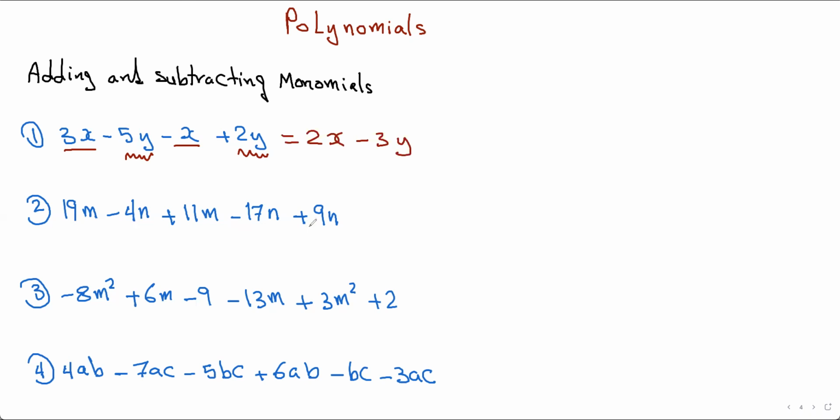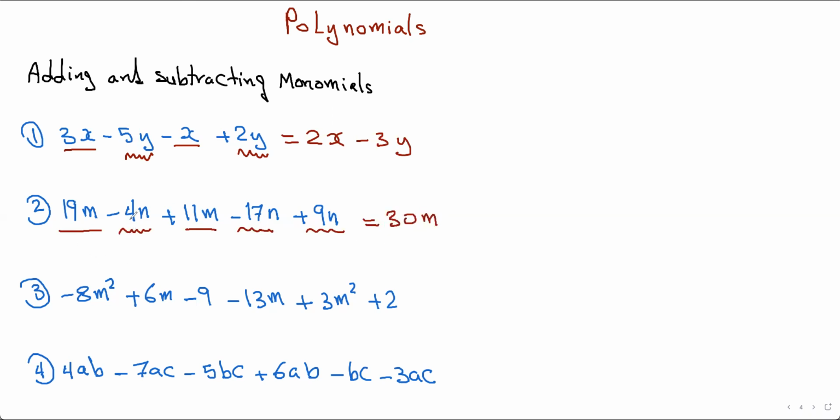Now, how about this one here? So again, we've got to look for like terms. So anything that has an m, I'm going to put a solid line underneath it. And I have the other thing that has n. So this, I'm going to put a wiggly line underneath it, just to identify them as like terms. So I have 19m, jump over here, plus 11m, that gives me 30m.